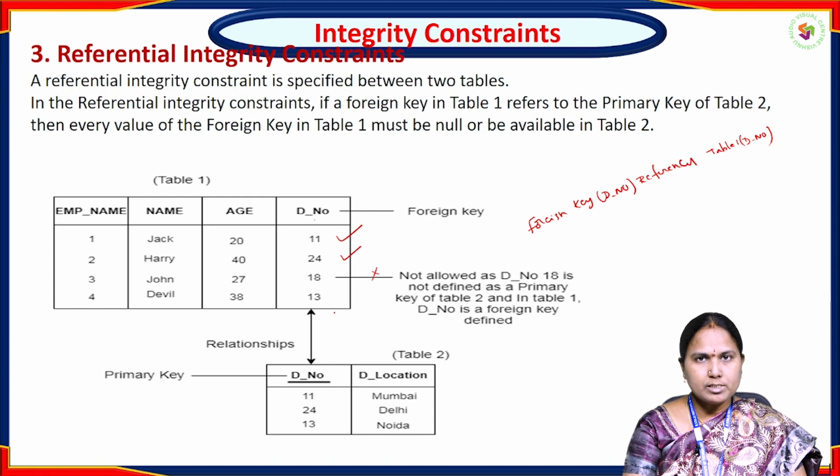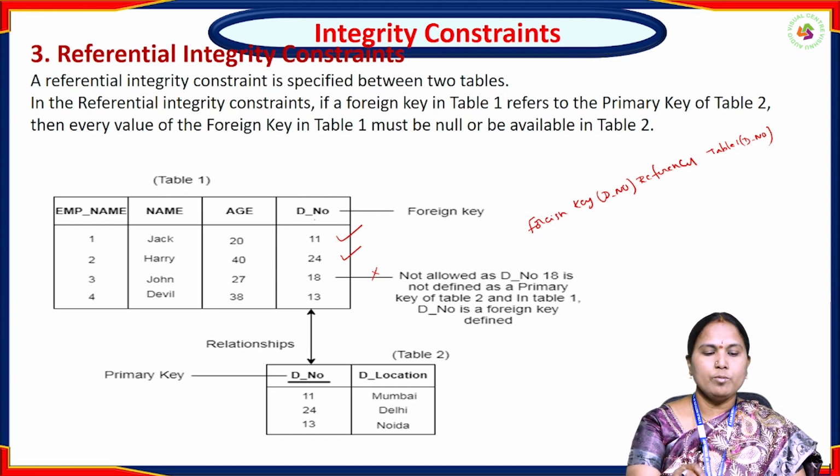In the reference table, if you are entering any new value under the reference column, that value must be verified with the help of the primary table's referenced column. If those two values do not match, automatically the row will not be acceptable. Those values are not acceptable inside of the foreign key table. This is the importance of the referential integrity constraint.